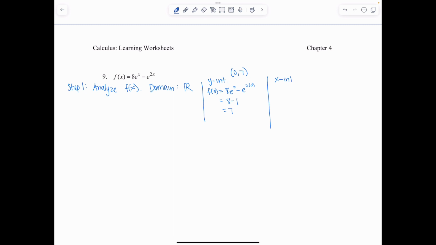X-intercept: 0 equals 8e to the x minus e to the 2x. Let's factor an e to the x out. 8 minus e to the x.